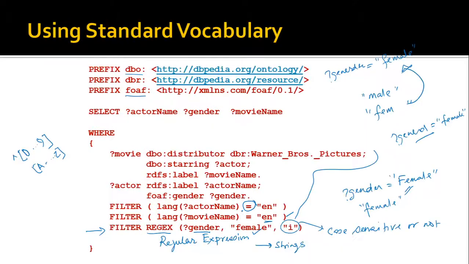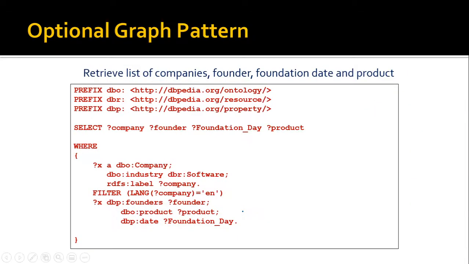Now the next important thing after the basic graph pattern is an optional graph pattern. So what do we do in an optional graph pattern? As we have mentioned earlier, there are certain patterns you want your query to always match, right?